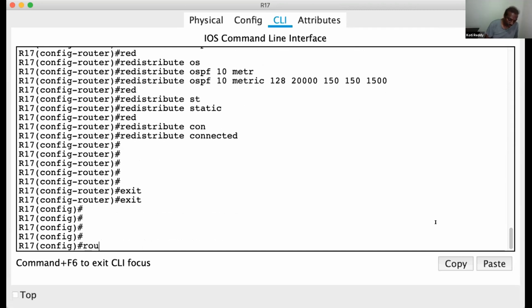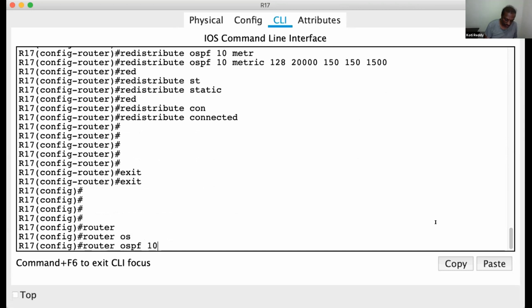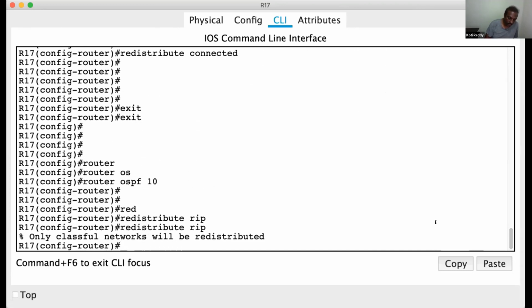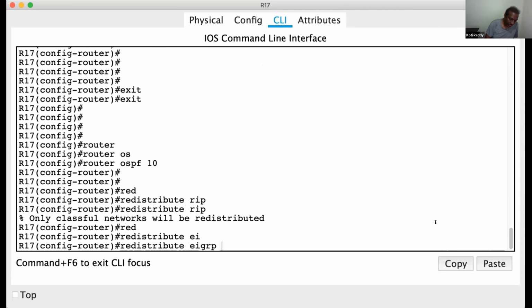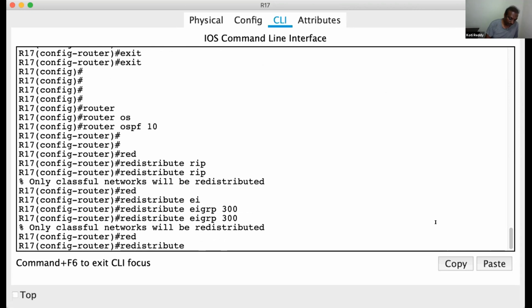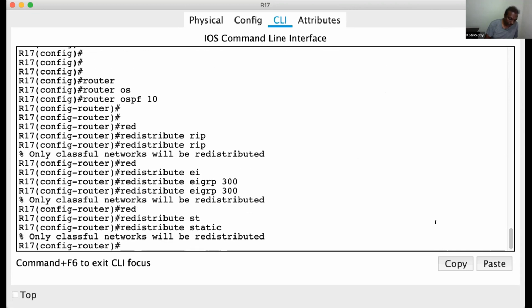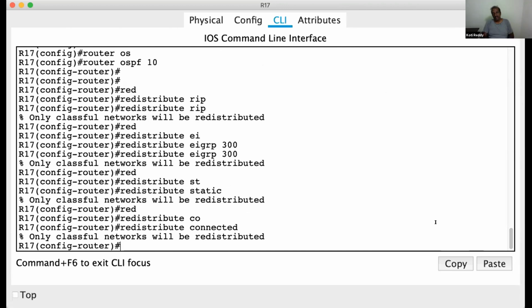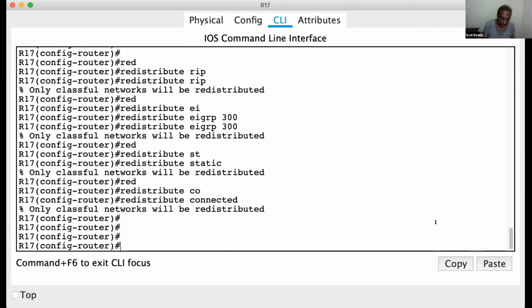I say router OSPF 10, redistribute the RIP protocol routes, redistribute EIGRP 300 routes, redistribute the static routes, redistribute the connected routes. This is what I do in OSPF. When I'm sending into OSPF, I don't have to mention the metric. I simply say redistribute RIP, EIGRP, static, and then connected routes.